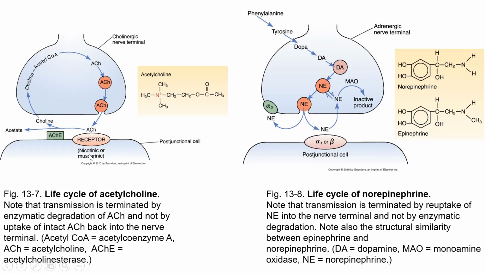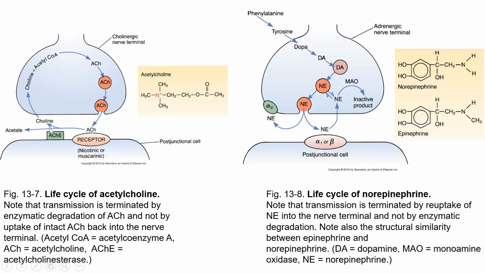The acetylcholine will be degraded into choline and acetate by an enzyme called acetylcholinesterase, AChE. This enzyme is responsible for the degradation of acetylcholine, so it will deactivate the acetylcholine.